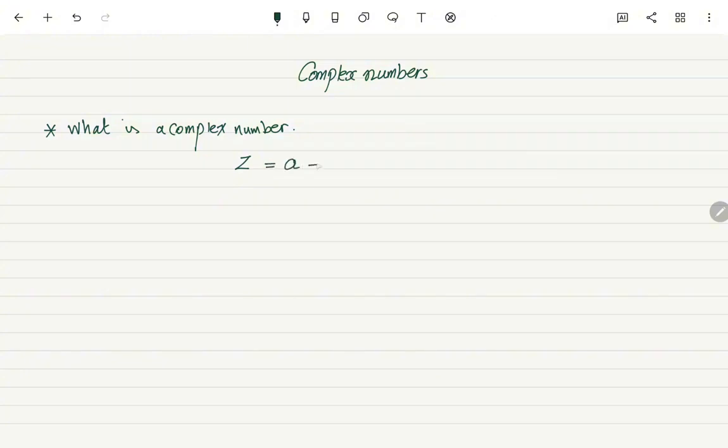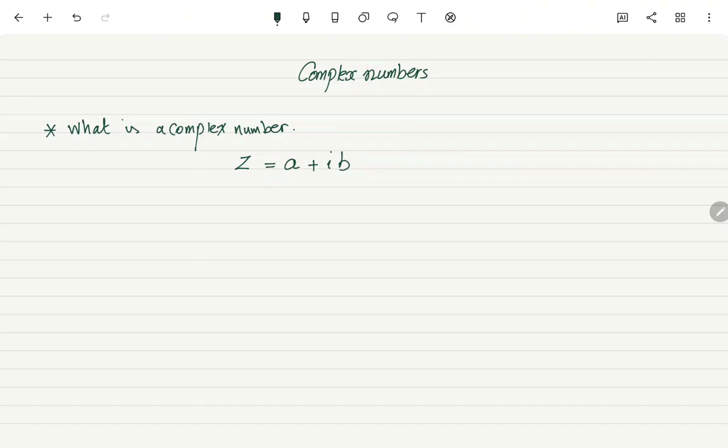Hello everyone, in this lecture I will discuss complex numbers. Now let's start by defining what is a complex number. A complex number is formed out of two real numbers. So if we have a and b as two real numbers, the complex number z is defined as a plus ib.